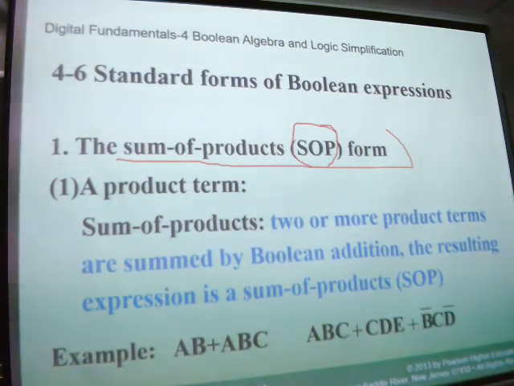So we must know what a product term is. Two or more product terms are summed by Boolean addition. The resulting expression is a sum of products.